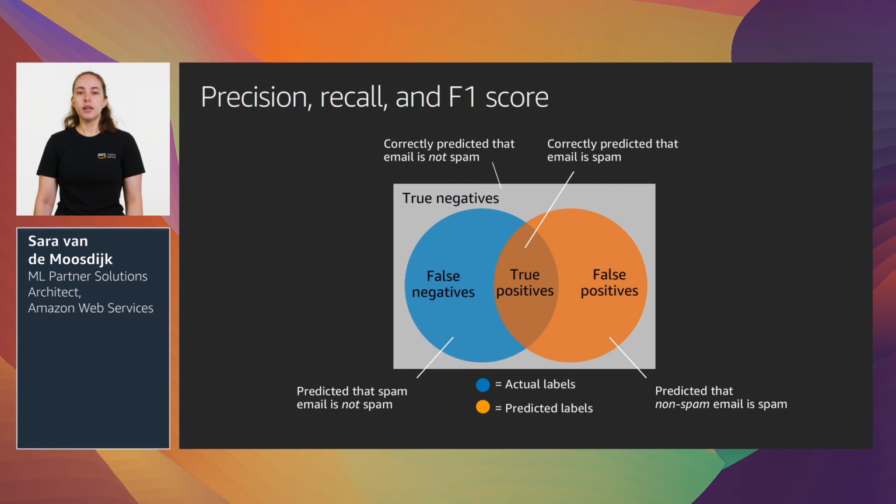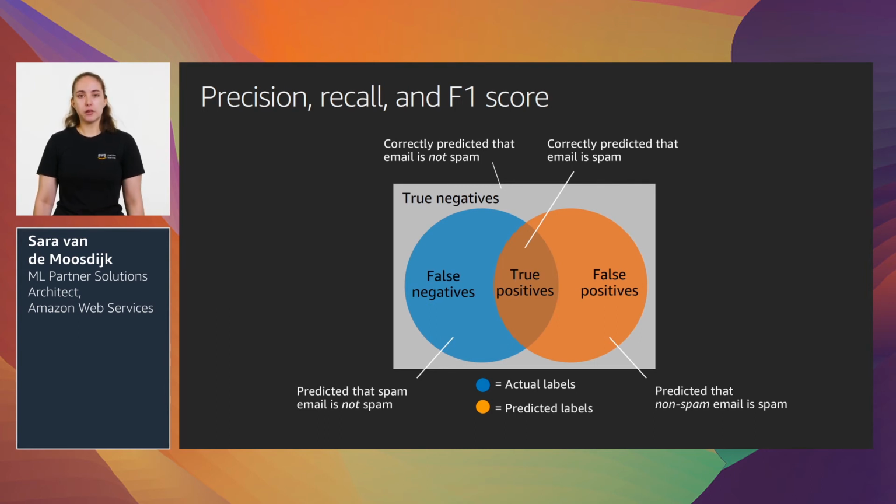So again, let's take a look at this. Everything that is within the blue circle is the emails that we know to be spam, whereas everything in the orange circle is the emails that the model predicts to be spam. So our true positives are where the model correctly predicted that an email was spam. Our true negatives are where the model correctly predicted that the email was not spam.